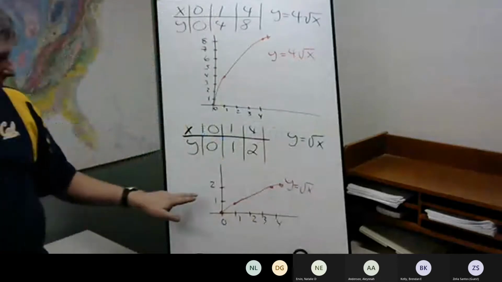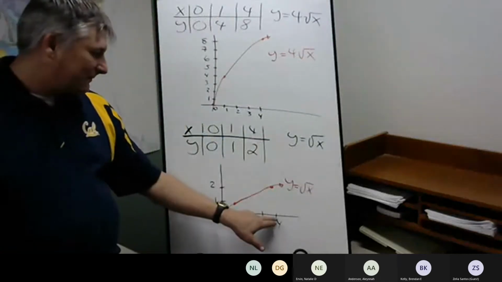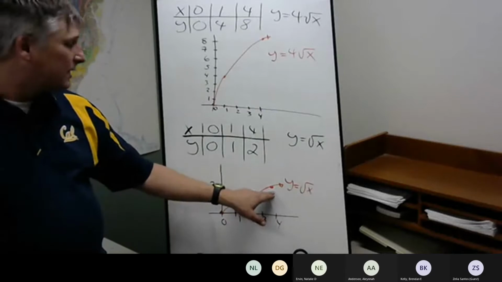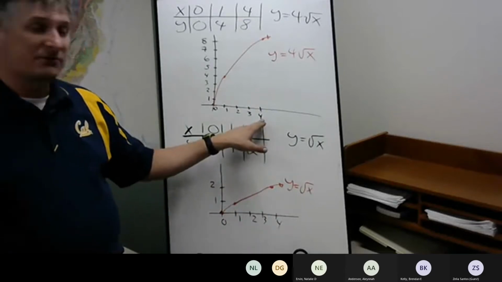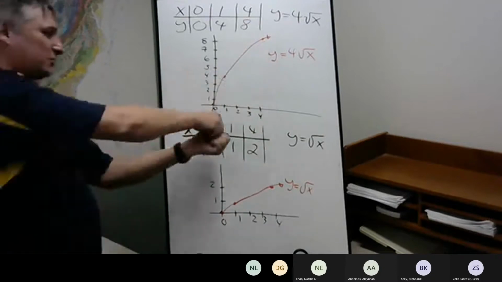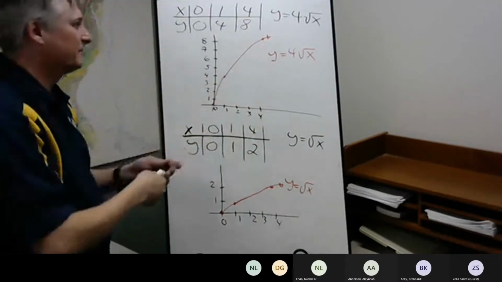By the time you get to 4 on x, your y value is only 2. But here, when you have x value 4, your y value is going to be way up here at 8. So we're stretching this thing vertically.